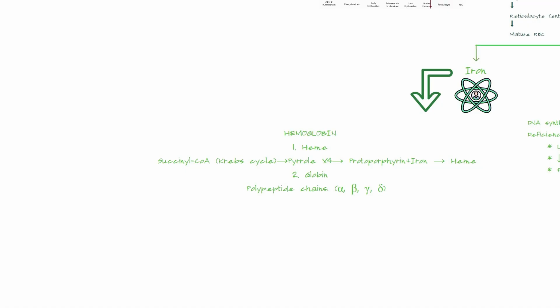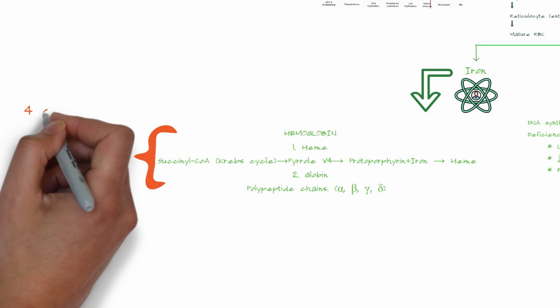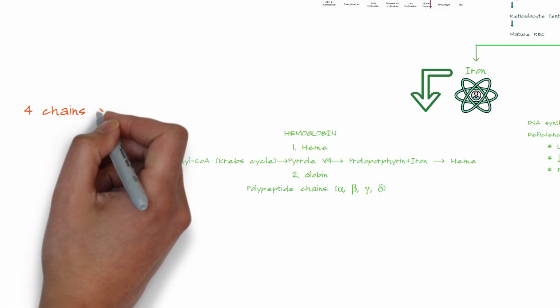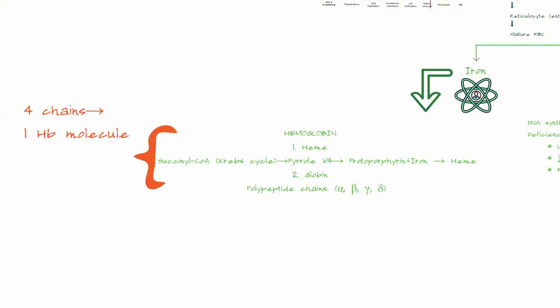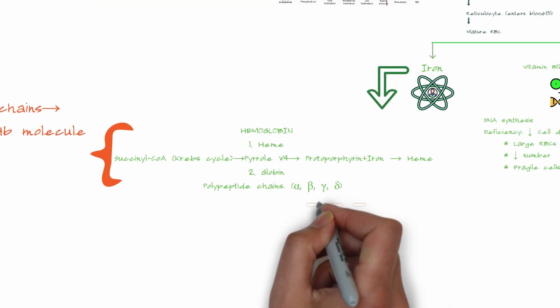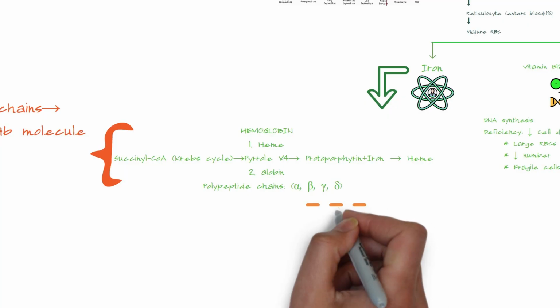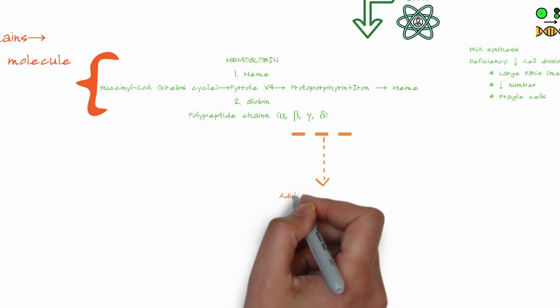Hemoglobin formation starts with a heme binding to the globin, forming one hemoglobin chain, and we need 4 chains to form one hemoglobin molecule. We have 2 types of hemoglobin: the adult hemoglobin, hemoglobin A, which is formed of 2 alpha and 2 beta, and fetal hemoglobin, which is formed of 2 alpha and 2 gamma.